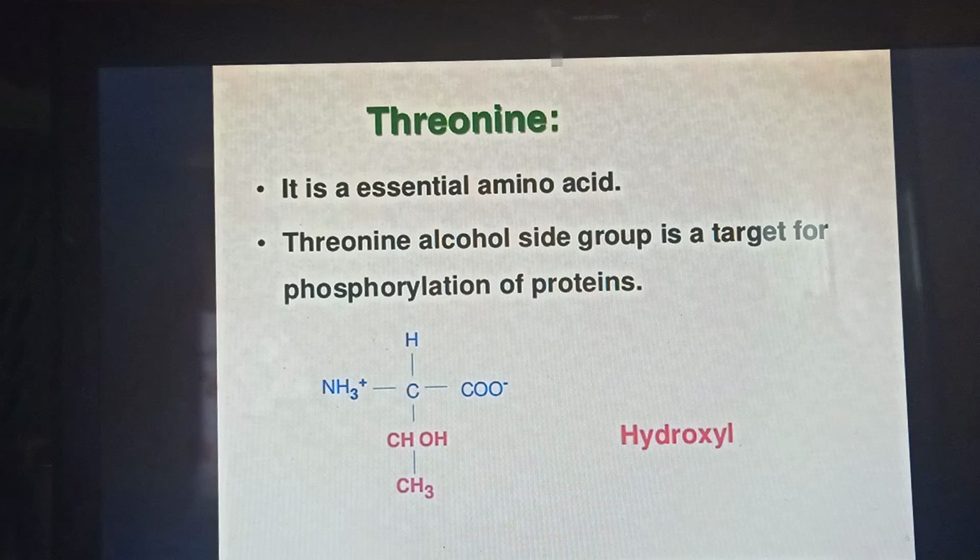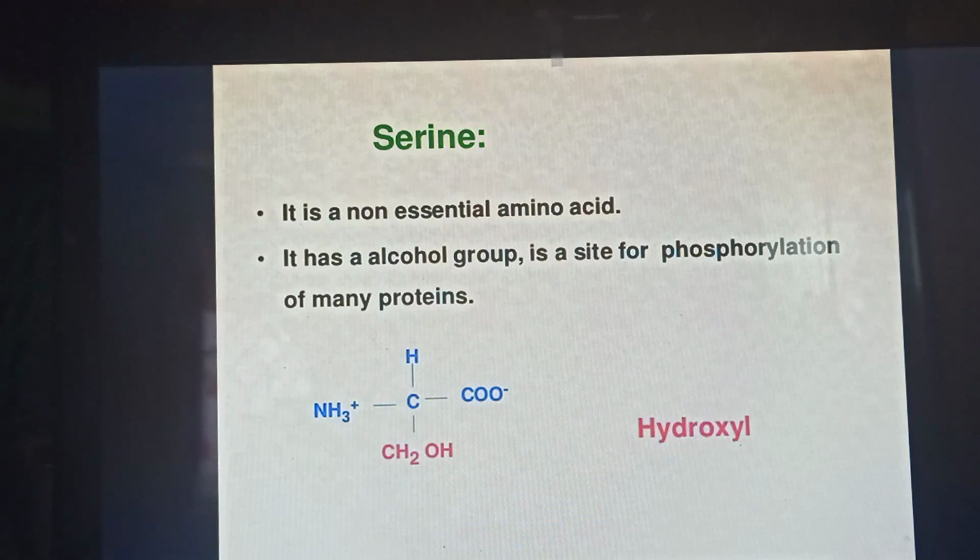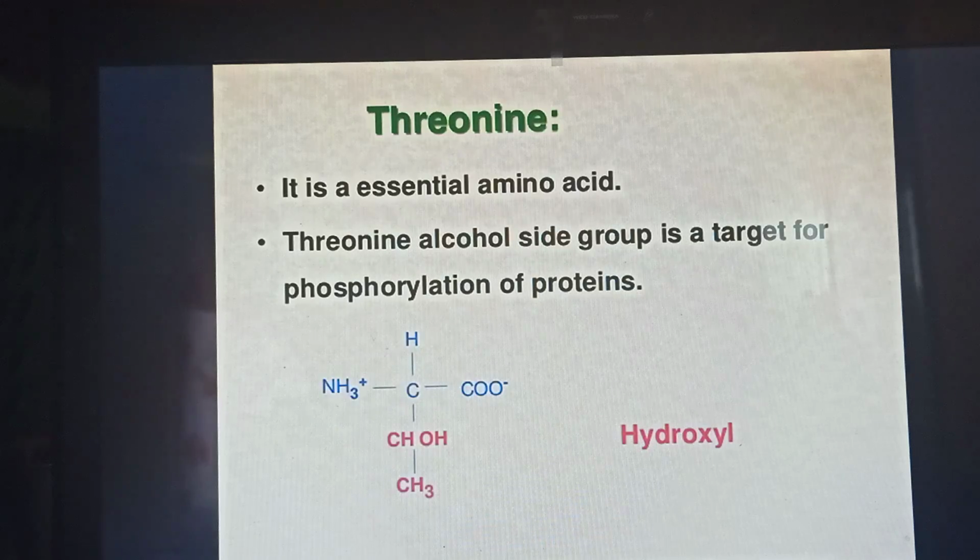Threonine has the same structure as the previous one, where CH2OH is attached with a methyl group, CH3. Serine with a CH3 group gives you threonine.